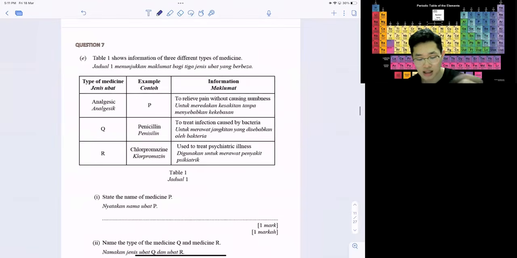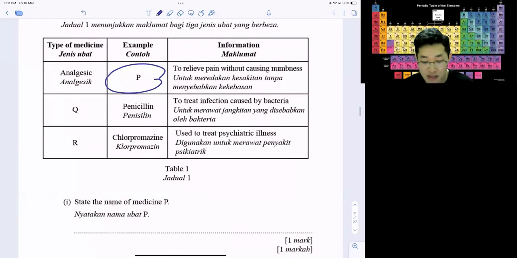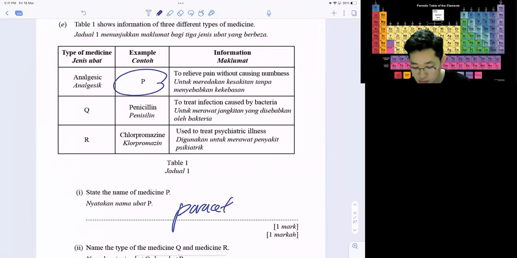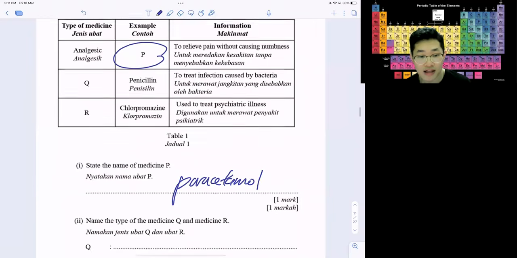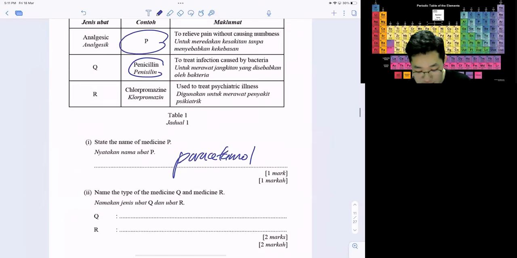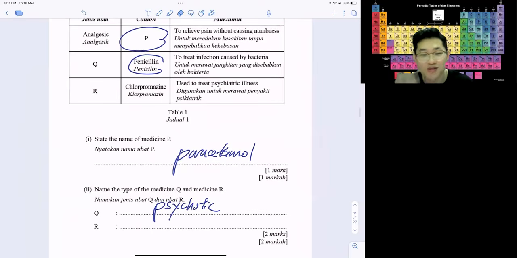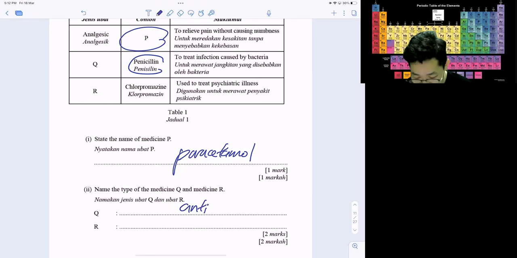Next, analgesic relieves pain without causing numbness. Example, paracetamol. And then penicillin and streptomycin are anti-microbials, sorry.